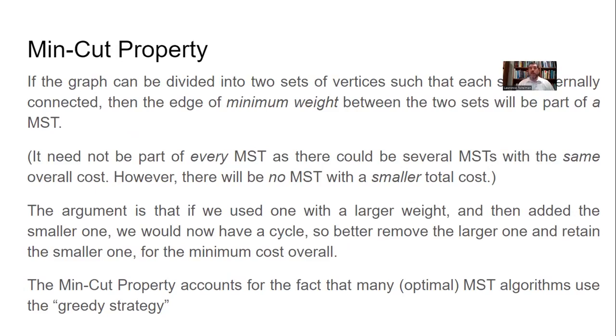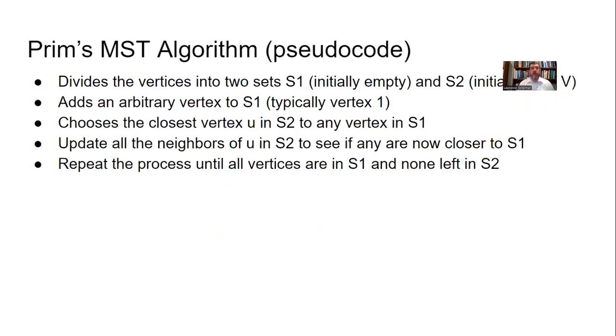So I use the smaller one. Now, that's not entirely correct. What actually is correct is that using the smallest one will give me one of the minimum spanning trees. It is possible that there's another way to do it with the larger one that will be equal. So it's possible to have two minimum spanning trees.